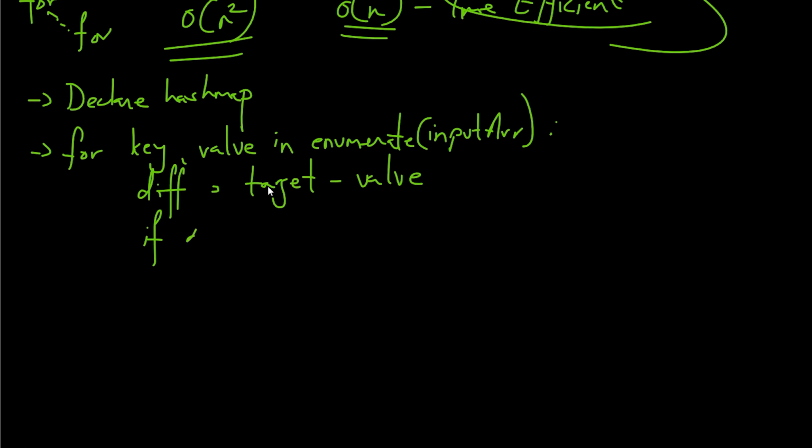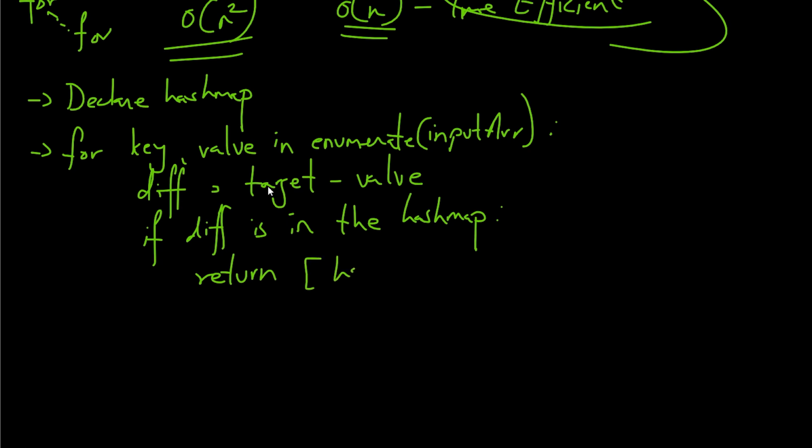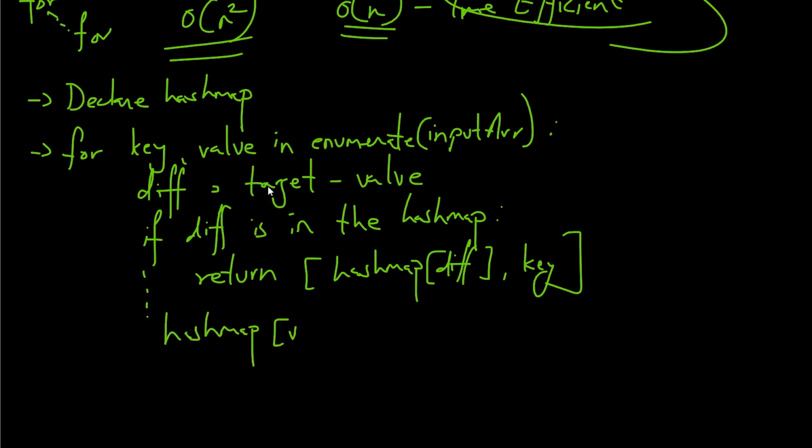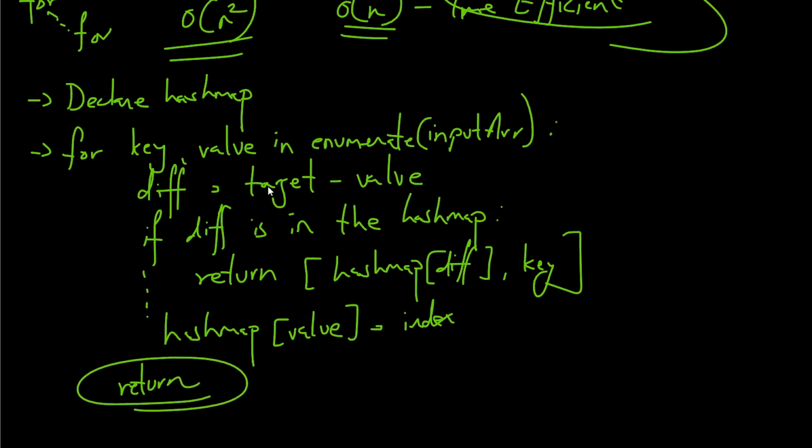And now if that difference is in the hash map, in such a case just return the hash map of the current difference, that will give you the element index, and the current key that you are using. Else, in the base condition, you have to say hash map of the value is going to store the index, and in the end you are going to return. So this is the way you are going to solve it.